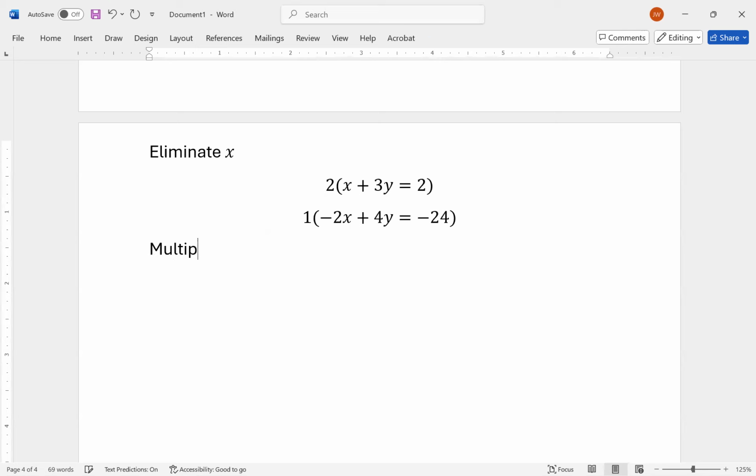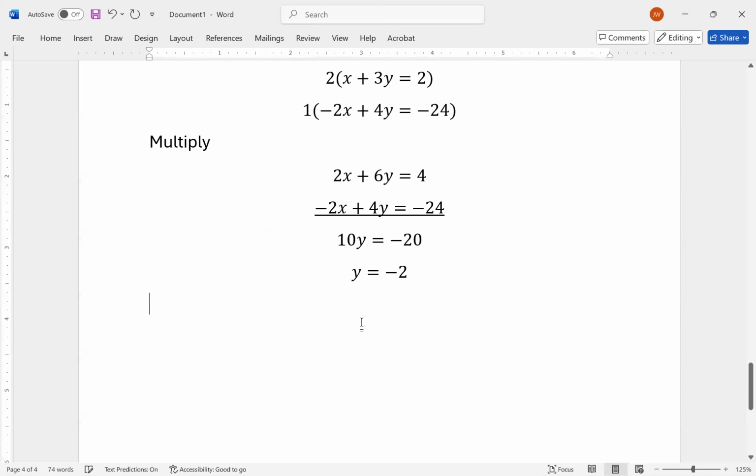When I multiply, that's going to give me 2x plus 6y equals 4, and then -2x plus 4y is equal to negative 24. Now I can add those two equations together. That gives me 10y is equal to negative 20, which tells me y has to be negative 2.